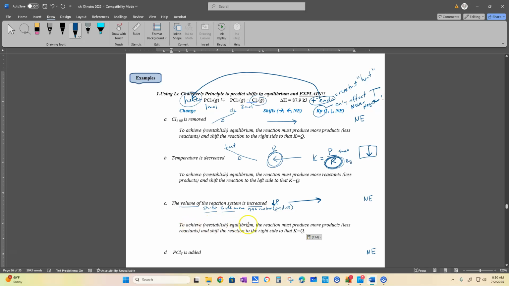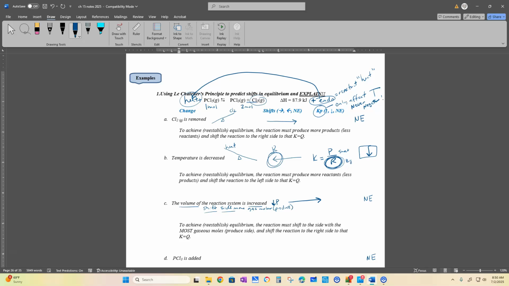All right, to reestablish equilibrium, the reaction must, we're going to say, shift to the side with the most gaseous moles. And I'm just going to put in the parentheses, I'm going to just say product side. There you go. Which means it's going to shift. We're going to fix our language here.